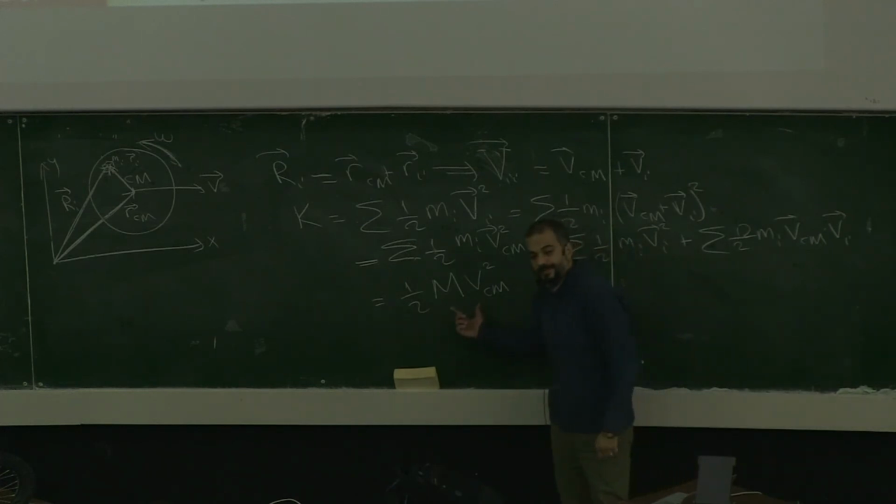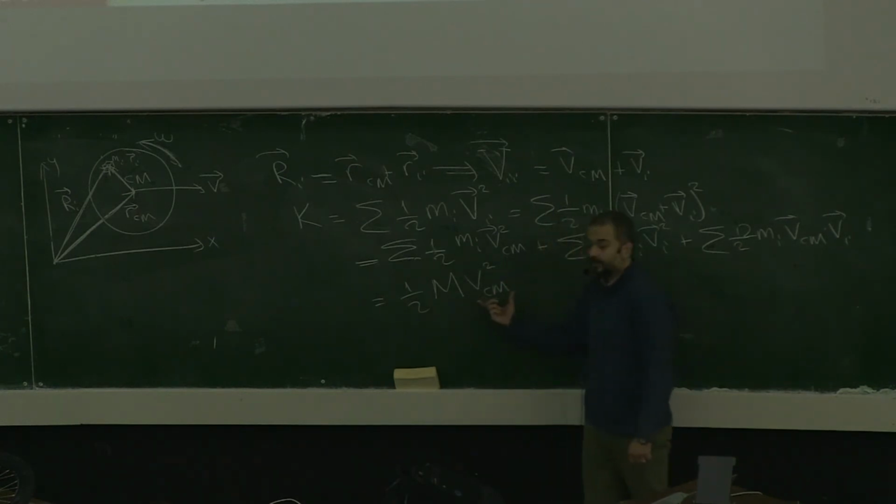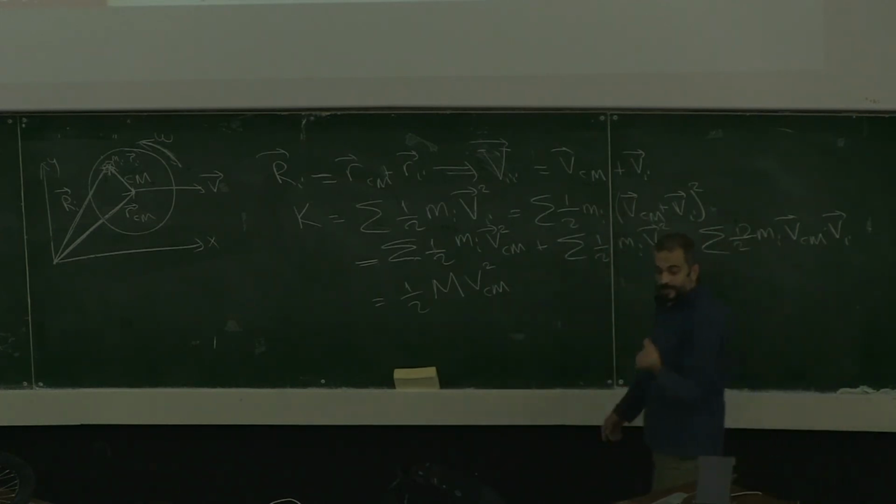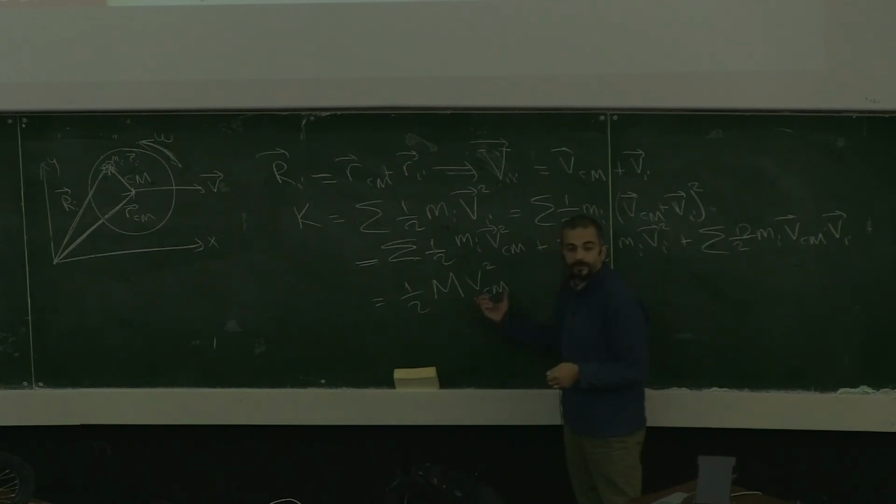So this is nice because this term at least is just as if all the mass is moving with the center of mass velocity. I'm replacing my extended object with a point mass moving with the center of mass coordinate, and this will be its kinetic energy.